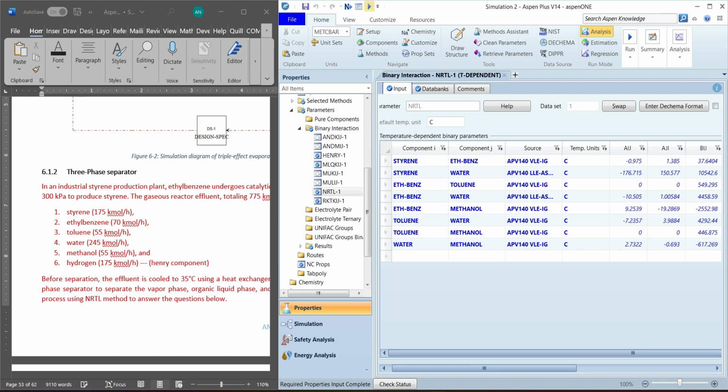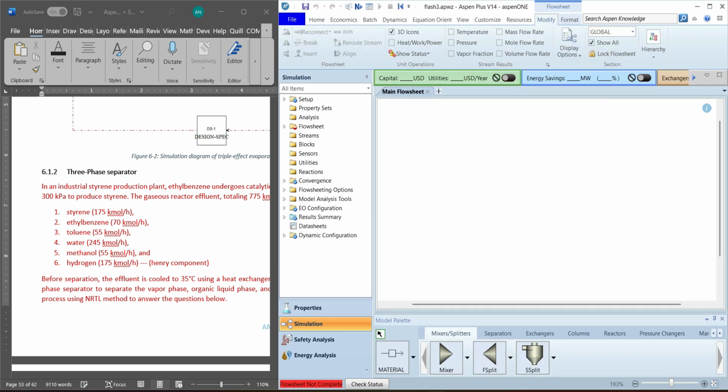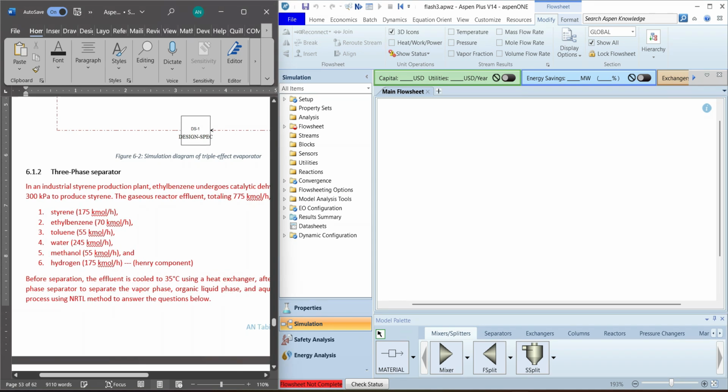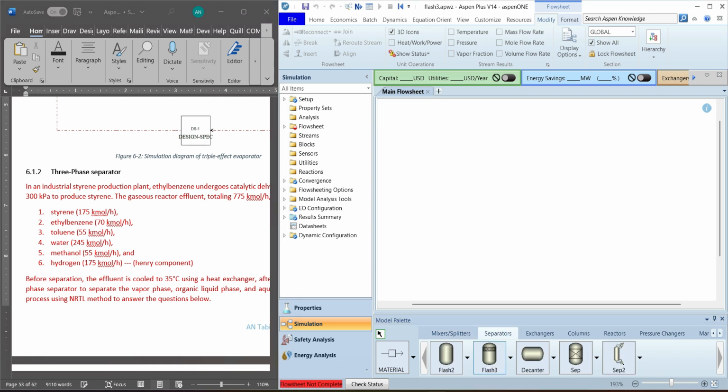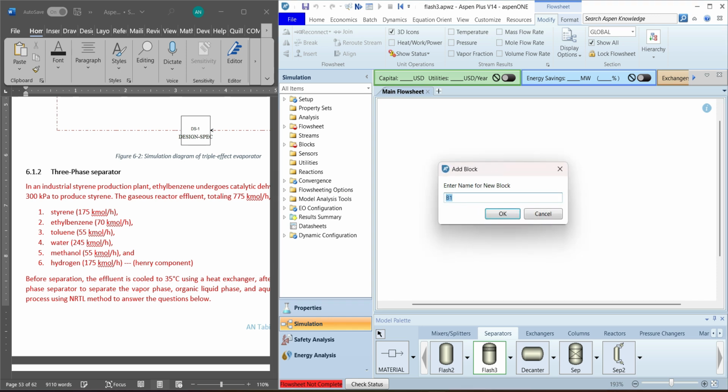Let's run the simulation. Let's save it first and then we can switch to the simulation environment. Enter the simulation environment. First define the flow sheet, then we can provide the necessary information of the specifications. For the flow sheet, we will need a Flash3 since three phases are formed, gas and two liquid phases.